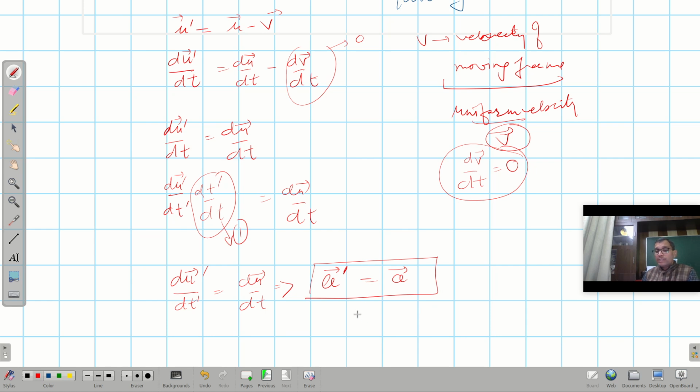So acceleration in both frames of reference comes out to be the same. We can say that acceleration is invariant under Galilean transformation.